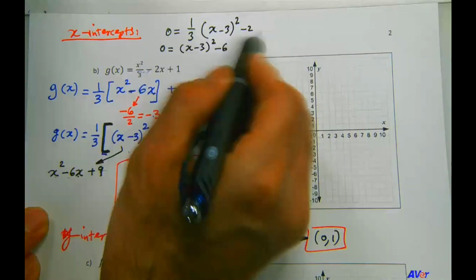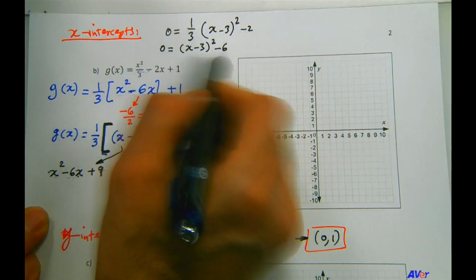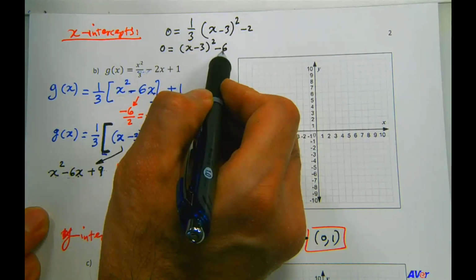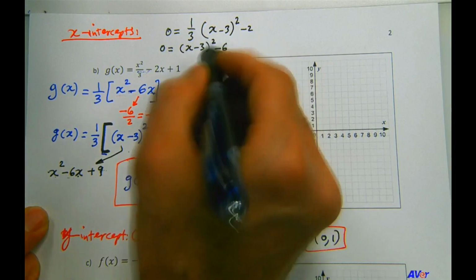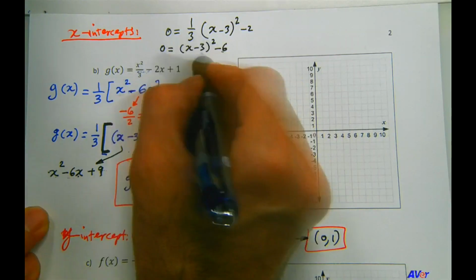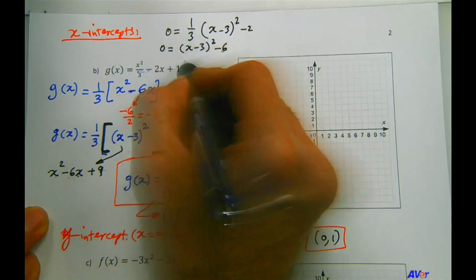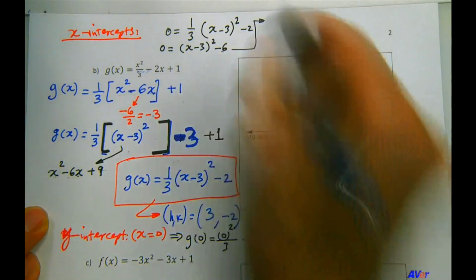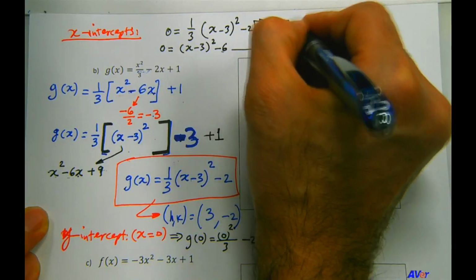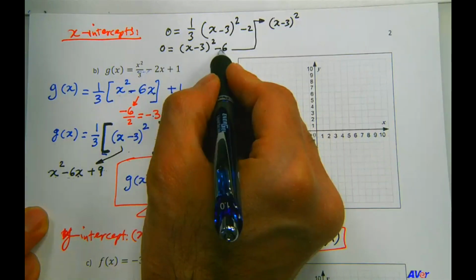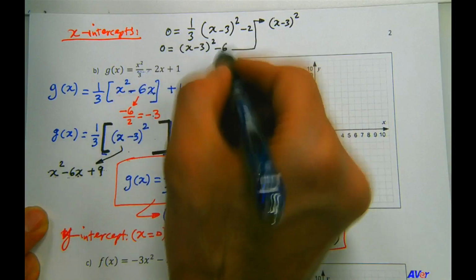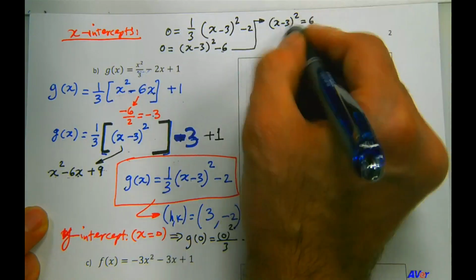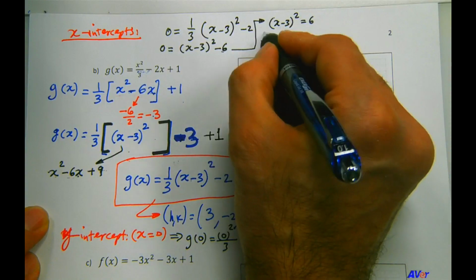The fraction is gone, and minus 2 becomes minus 6. So let's put the 6 on this side. So we have x minus 3 squared. Move negative 6 to the other side. When it moves to the other side, it becomes positive 6. Take the square root of both sides.